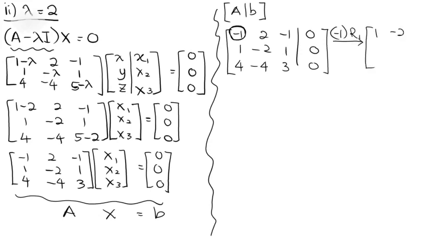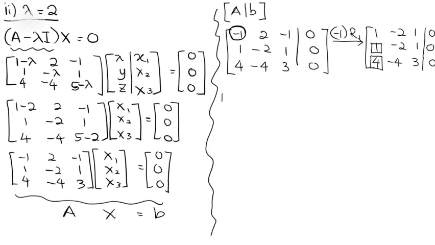1, negative 2, 1, 0; 1, negative 2, 1, 0; and then 4, negative 4, 3, 0, and then make sure this one is 0.